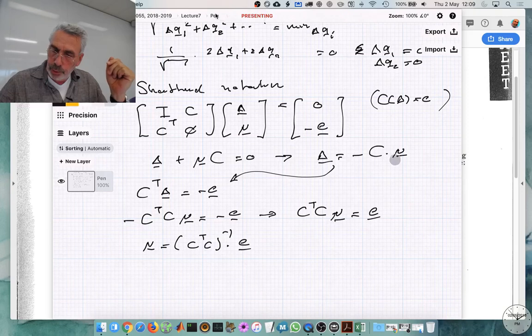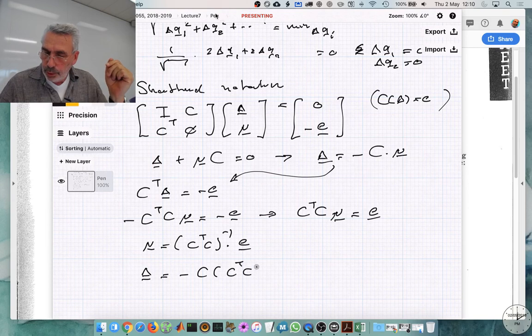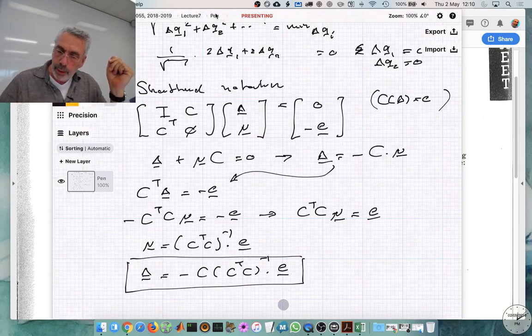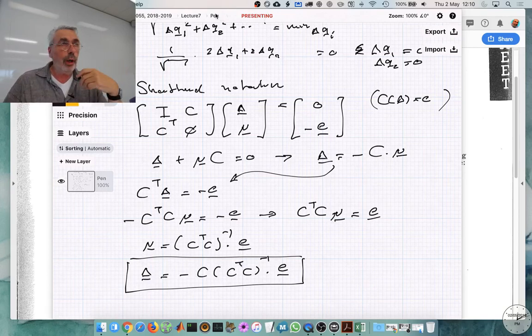Well, we just substitute that in our equation and we get delta is minus C times C transpose C to the power minus 1 times E. So now we have found a nice way to solve for our increments, given what the errors are and given what the Jacobian of the constraints is. And these increments are really the minimal distance in that sense.